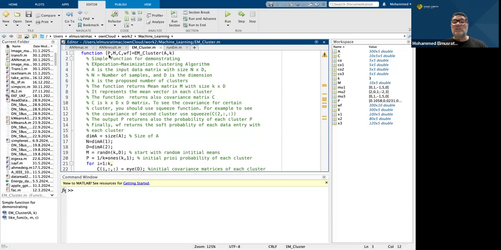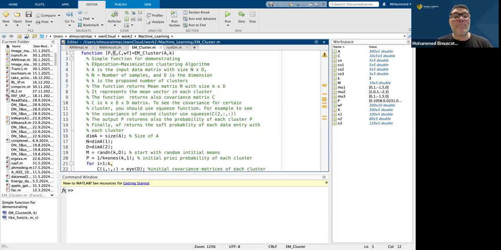For example, what is the probability of each cluster, like 30%, 40%, 80%. It depends on the number of clusters, and it depends on the data which has been assigned to this cluster. Remember that we use soft assignment here. So we don't have hard assignment for data. For example, this entry can be, let's say, 90% assigned to this cluster and 10% assigned to another cluster, as I explained in the lecture.